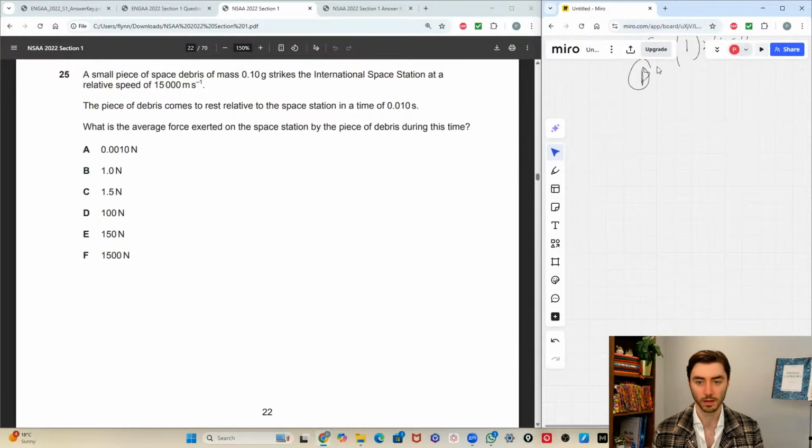25. A small piece of debris strikes at a relative speed of that, at rest relative to the space station. So again, this is force as rate of change of momentum. So the change of momentum is mass times 15,000 all over a time of 0.01. I'm going to multiply by 100 to make that 10.